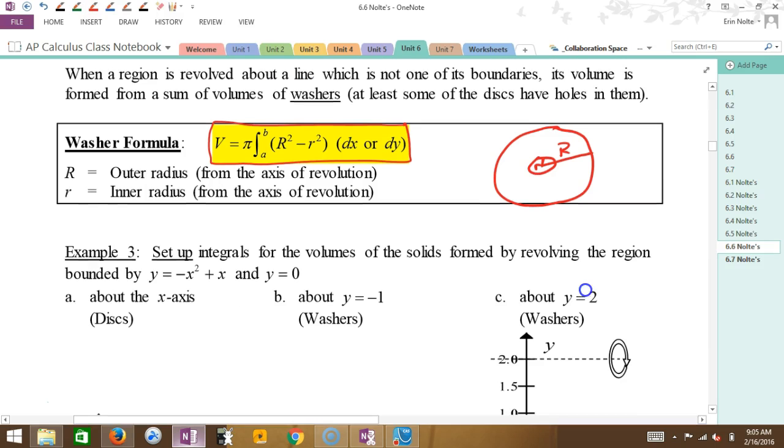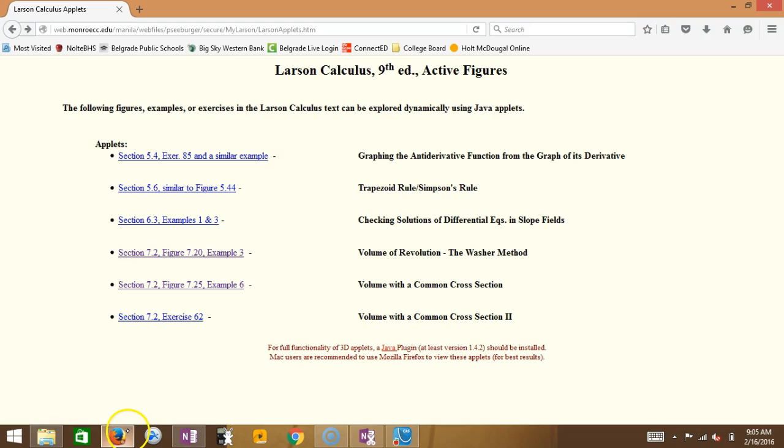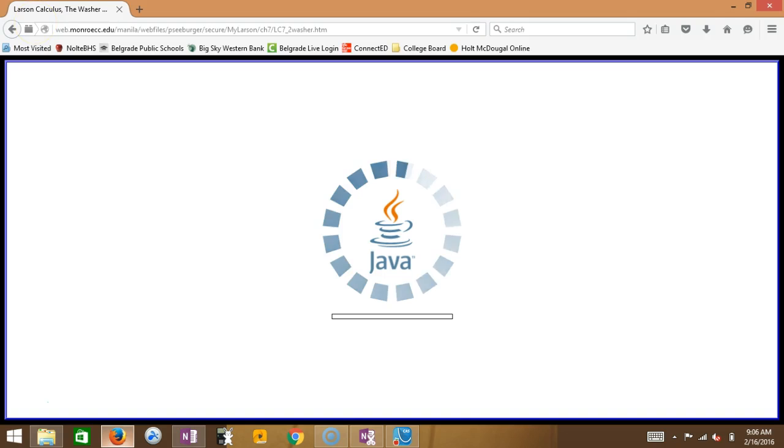Okay, so let's see if I can pull this up and show you what this washer kind of looks like. It might take 5 hours, so maybe I'll come back to it after it's loaded. It's really slow on the tablet. Oh, wait for it.